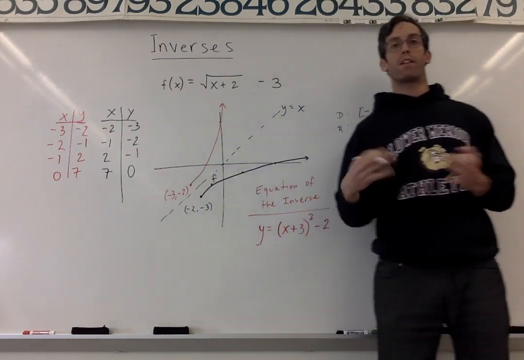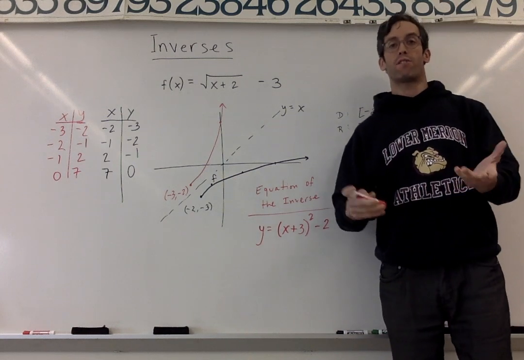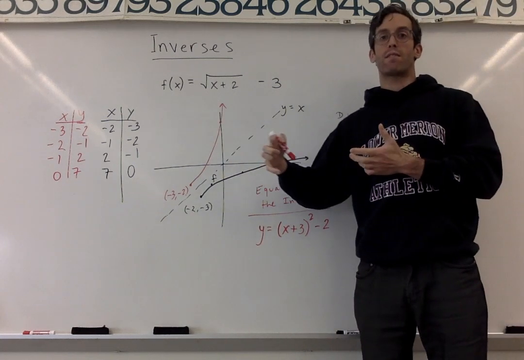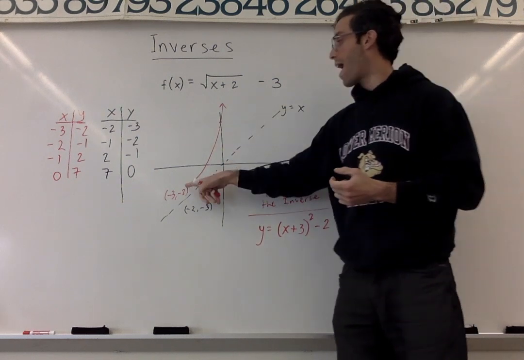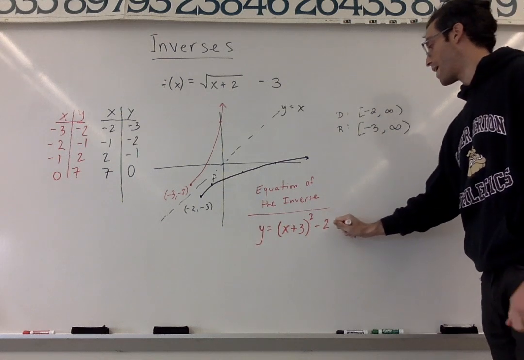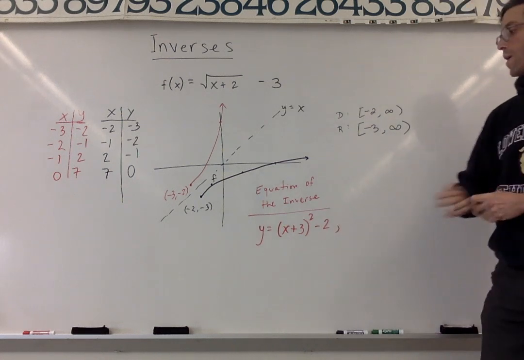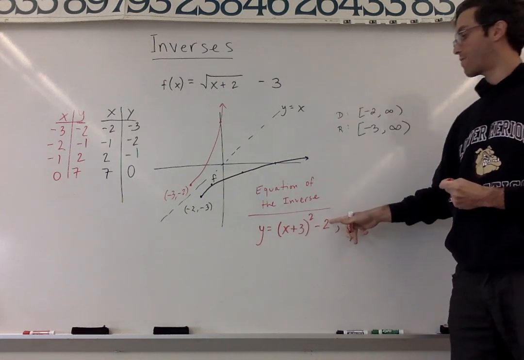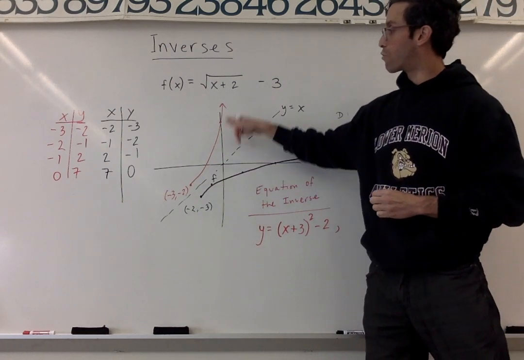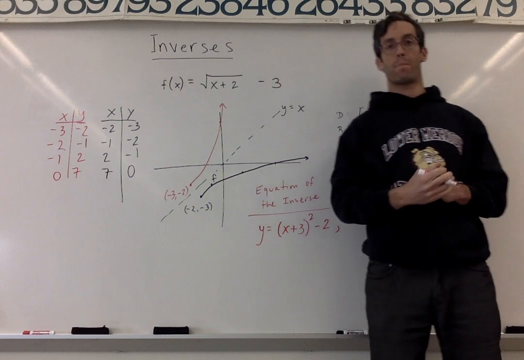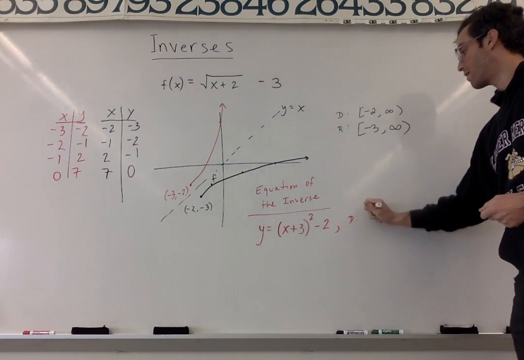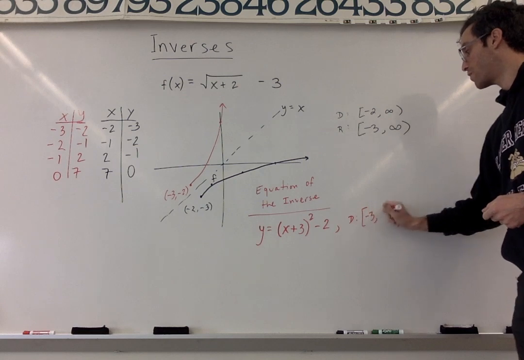The additional thing that's new here is, how do we tell the graph, or whoever's drawing this, that we only want this half? What you have to do is just state a restriction on the domain. So you write the equation, we're going to follow this quadratic function, but only on the domain where x is greater than or equal to -3, so only on the domain of -3 to infinity.